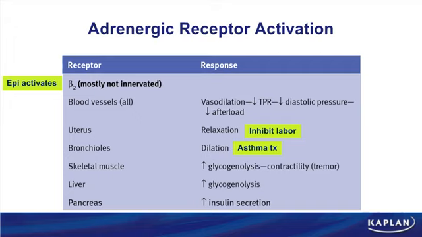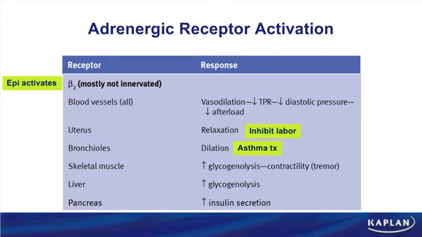You would also want to note some of the metabolic effects that beta-2 receptors are involved in. Beta-2s are found on the liver and on the pancreas. Notice in each of these cases, whether it's skeletal muscle, liver, or pancreas, you're going to get a metabolic action. On skeletal muscle and liver, you see an increase in glycogenolysis.